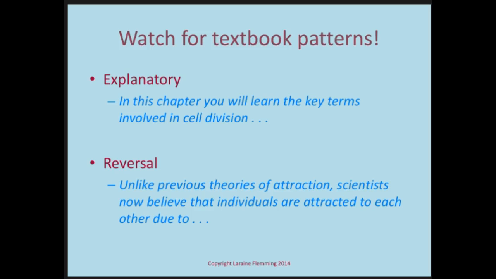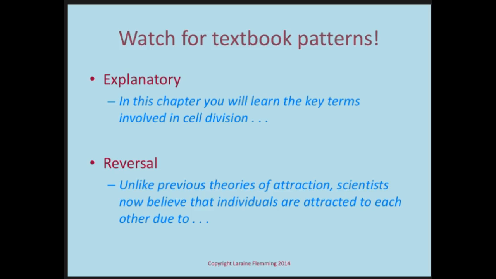One of the things that the textbook reading that you did mentioned is that there are patterns that textbook authors often use. There's an explanatory pattern, which is what most textbooks seem to use. In this chapter, you're going to learn the 7 different ways that... And that's so you know ahead of time what the basic gist of the chapter is going to be about.